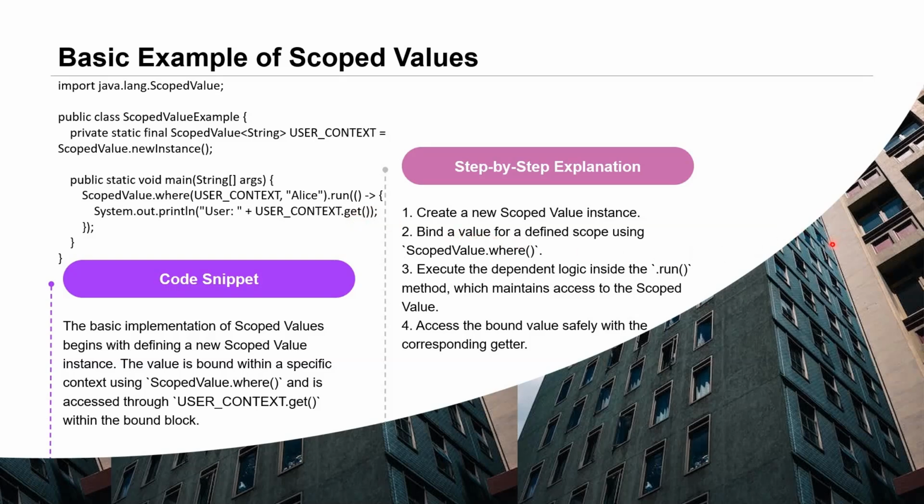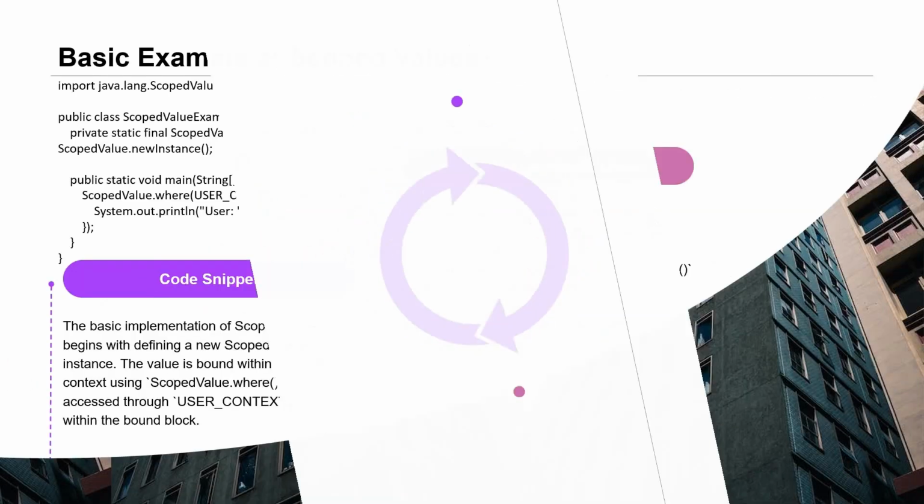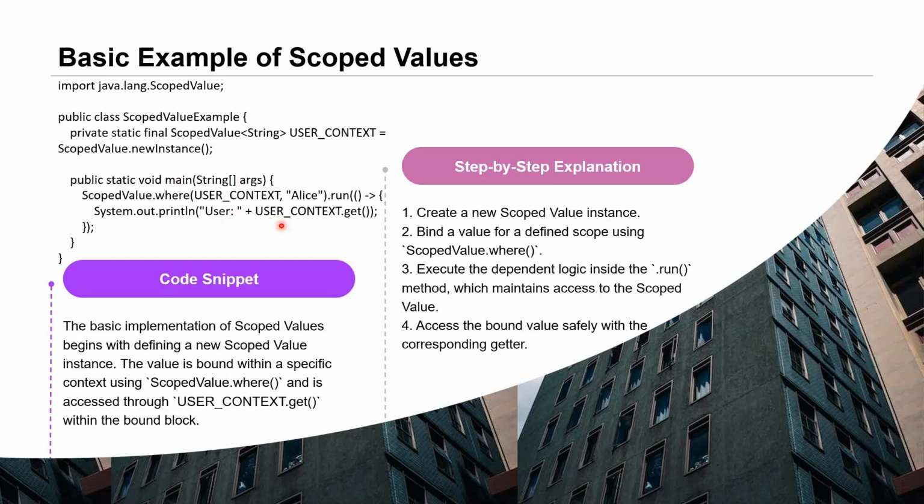Next we will talk about the advantages of using scope values. One of the advantages is automatic cleanup. In the previous example, if you notice, let me show you, we don't maintain any kind of cleanup activities in this example.